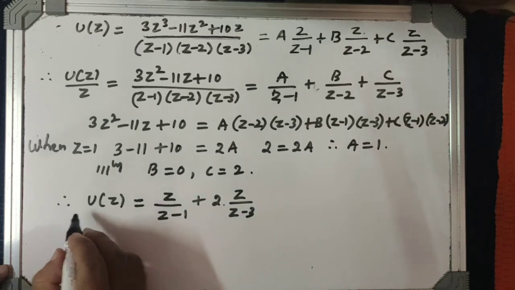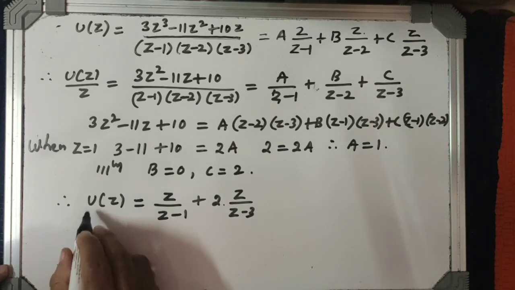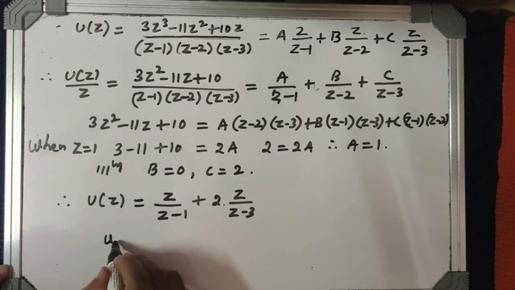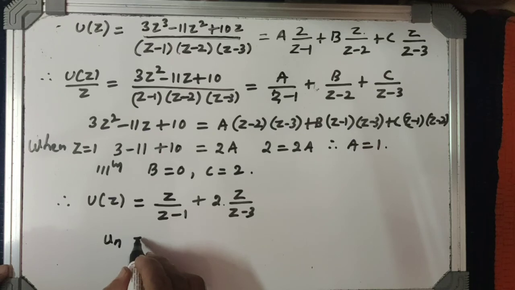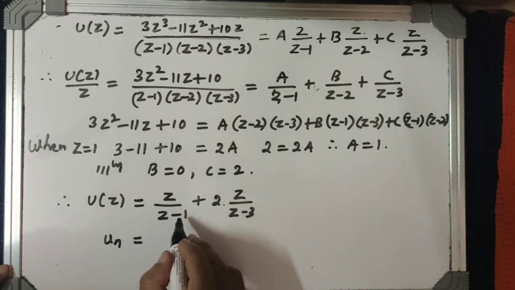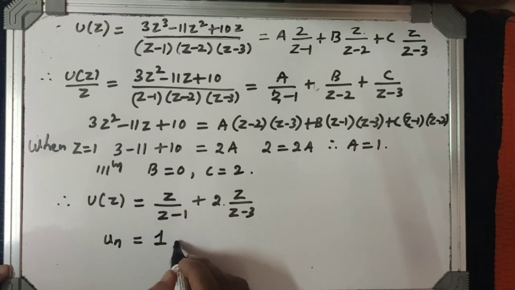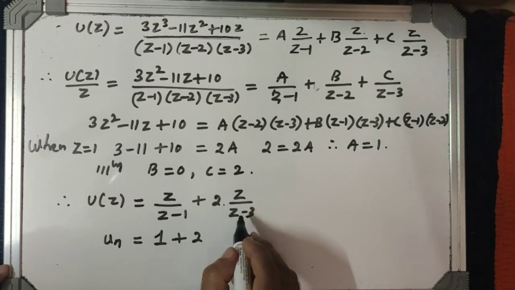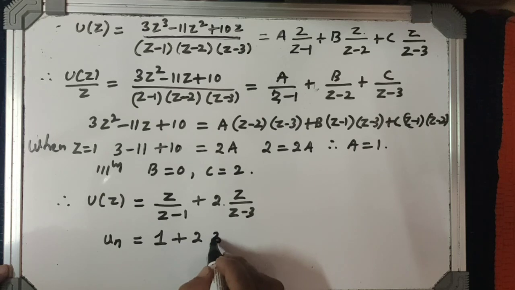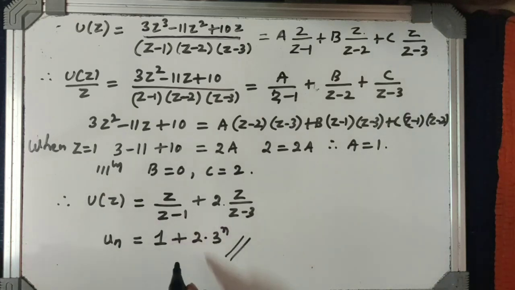If you apply the inverse Z transform on both sides, inverse Z transform of U(z) is the sequence u(n), which is equal to inverse Z transform of z by z minus 1, which is 1, plus 2, a constant, times the inverse Z transform of z by z minus 3, which is 3 power n. So this is the solution of the given difference equation.